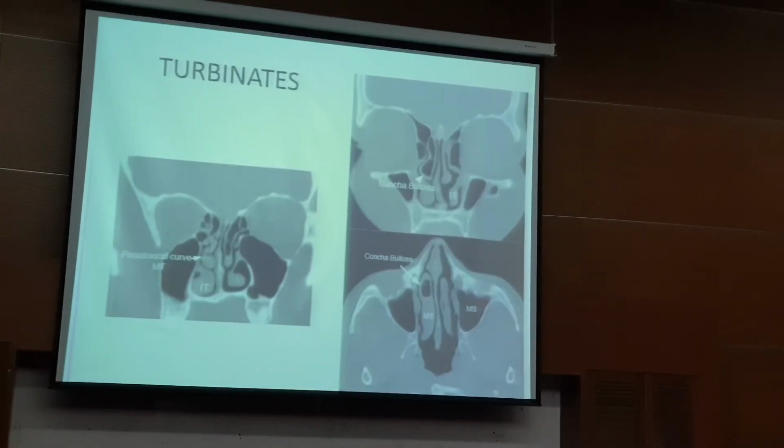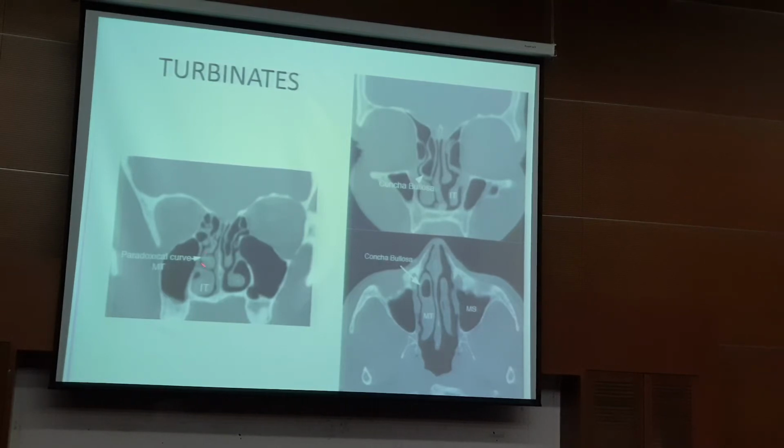The turbinates. The important turbinates and their normal variations would be concha bullosa and paradoxical curve. Both will cause obstruction and alteration to the drainage pathway of the secretions from the sinuses, especially if it obstructs the osteomeatal complex. So this is a paradoxical turbinate.